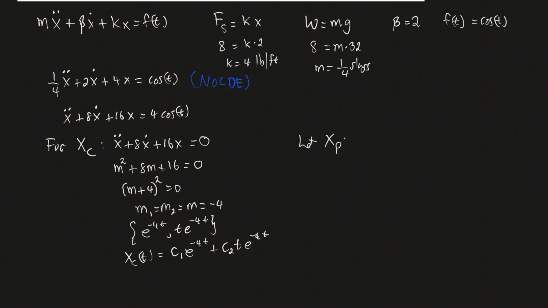This is where, using the method of undetermined coefficients, we look at our forcing function on the right and ask what that x function would have to be. It would have to be a combination of sine and cosine. So let x sub p be equal to a cosine of t plus b sine of t.